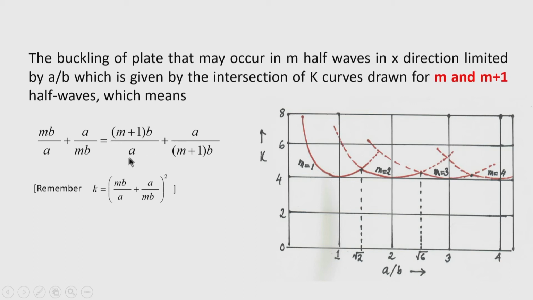Okay. So, now if I see that the mth curve intersects with the (m plus 1)th curve, we can write an equation: m b/a plus a/(m b), the buckling stress coefficient without square, equal to (m plus 1) b/a plus a/((m plus 1) b), that is the next buckling curve. Remember that k is equal to (m b/a plus a/(m b)) whole square.